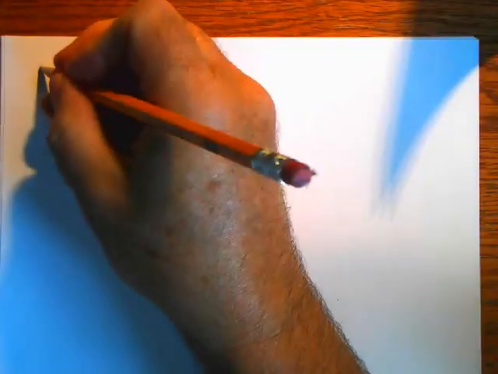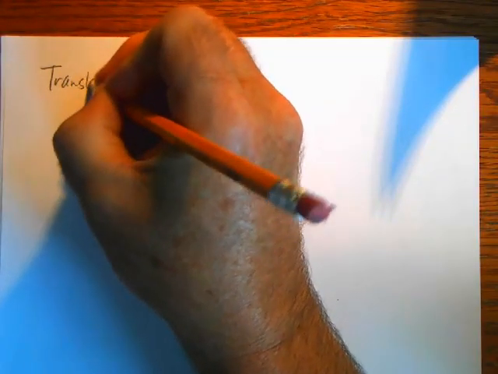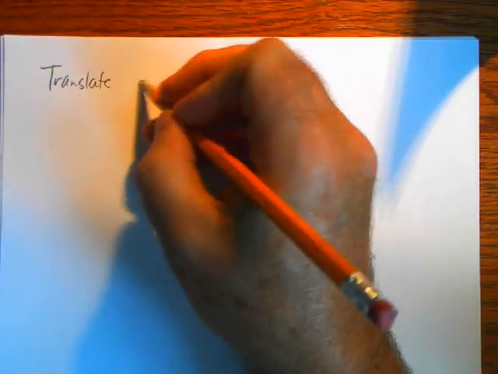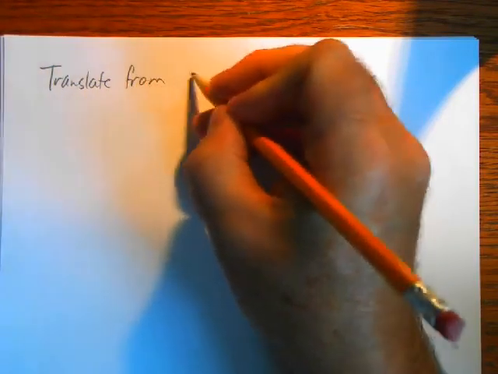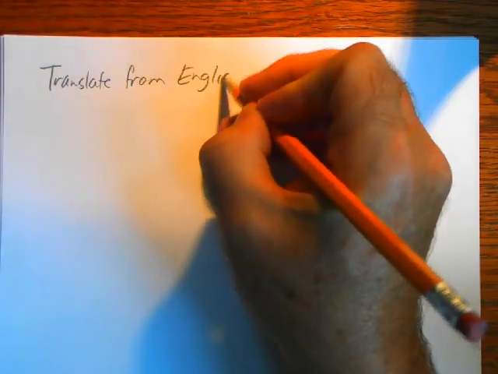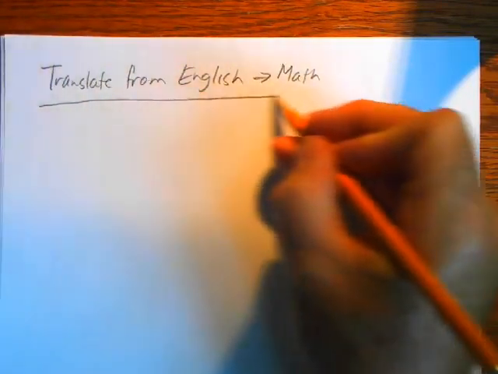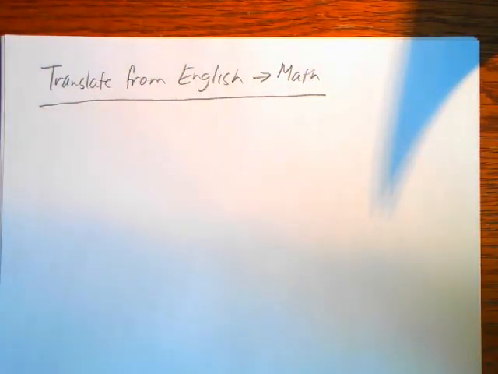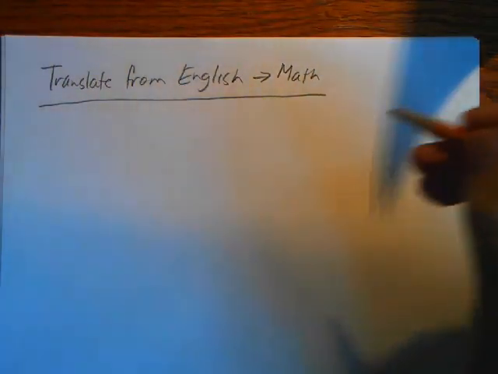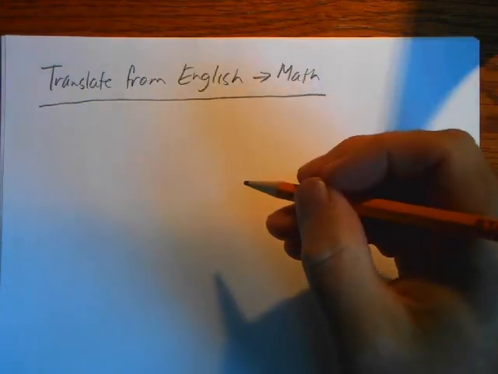So if I want to translate from English to math, because we just said that math is a language. Okay, so I'll do a fairly straightforward one. But actually, I'll write the problem first, and then I'll talk about how we do it.